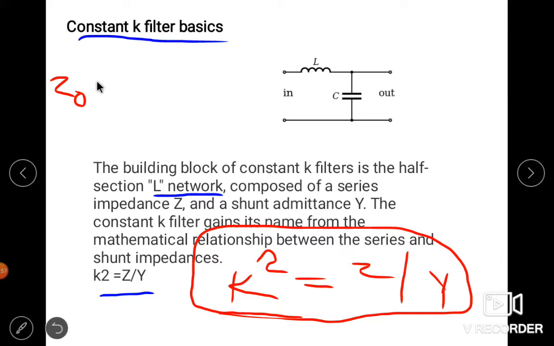Then the value of K is equal to root over LC, so L and C can be made arbitrarily small while retaining the same value of K and Z and the admittance. However, both approach 0, and from the formula below, this one is the image impedance.